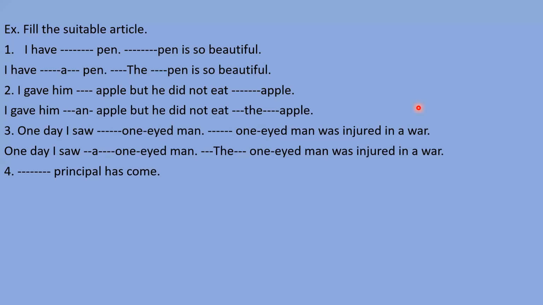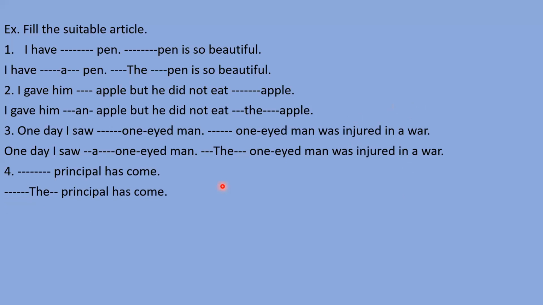Okay, I will just tell you, the is the right answer. We need to fill the here, but understand the reason why. Although this is the first time we are using principal, it is definite, because sometimes according to the circumstances, situation or condition, the listener also knows which principal we are talking about.